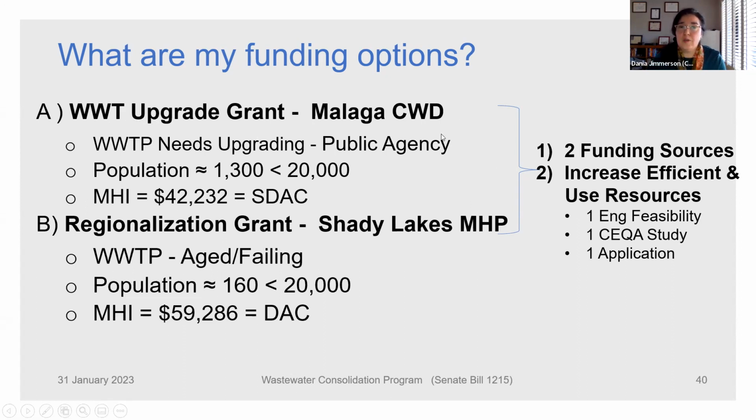So initially, these were going to be submitted as two separate projects, but now, with a recommendation from the Division of Financial Assistance, these two projects are being combined into one to make better use of the resources on both sides, the sewer service provider and DFA, in terms of review of the application and all of that. So one engineering and feasibility study, one CEQA, and one application.